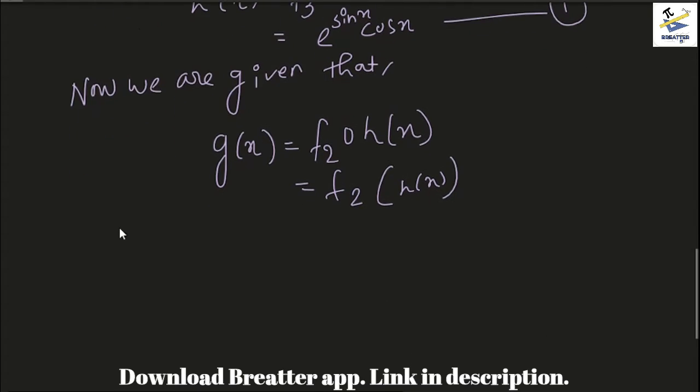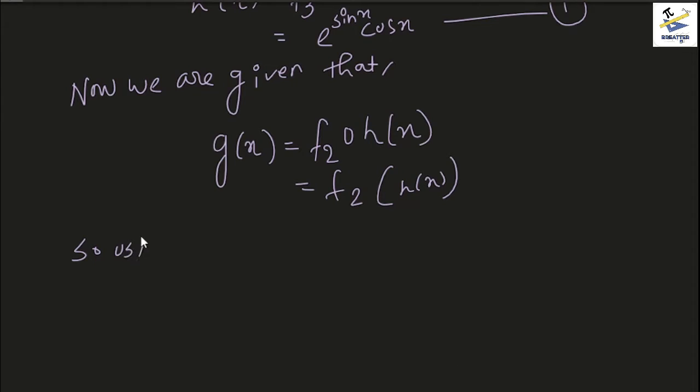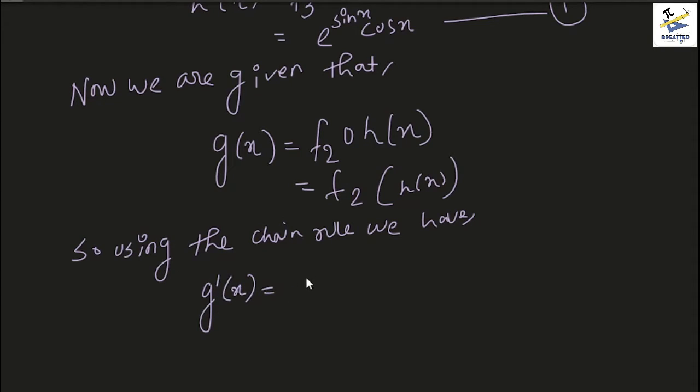So using the chain rule, we have g prime of x equals f2 prime of h of x multiplied by h prime of x, right?